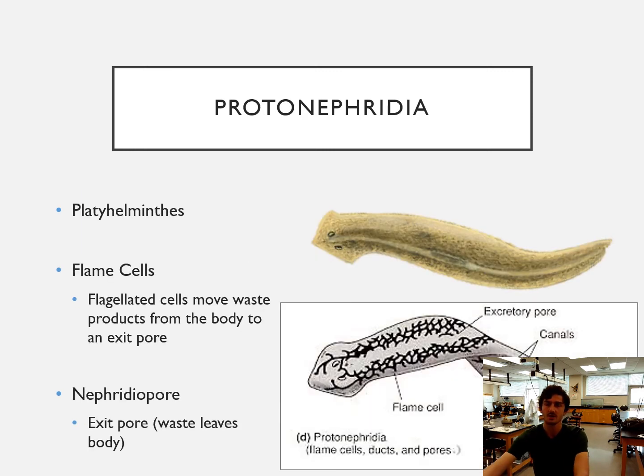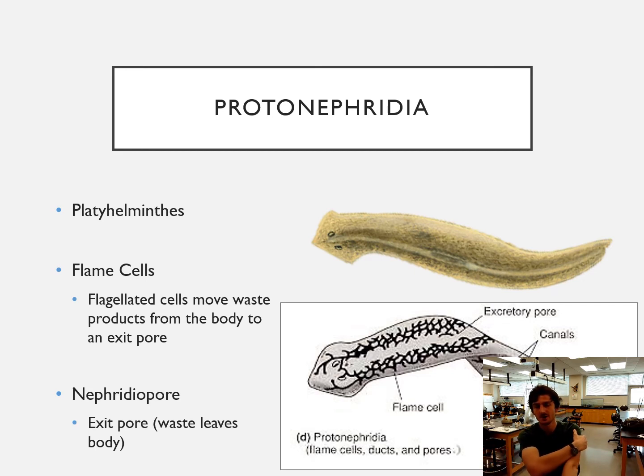So the first one is the Protonephridia, and these are found in Platyhelminthes. There's also a very similar structure found in chordates, and we'll get to that in 6 weeks. Those are found in lancelets.